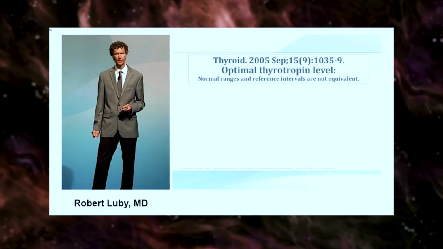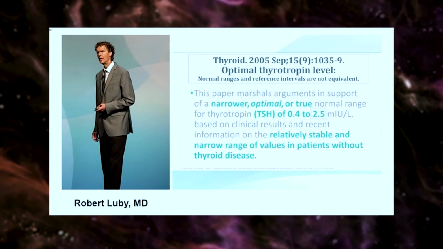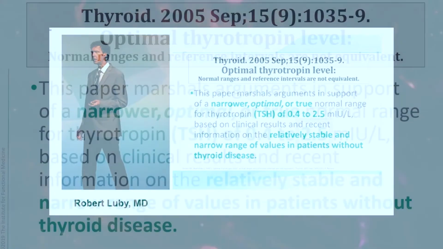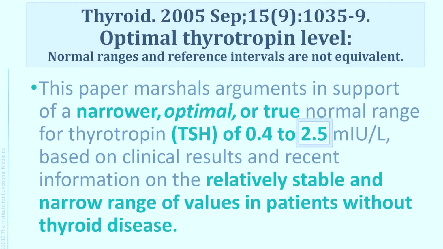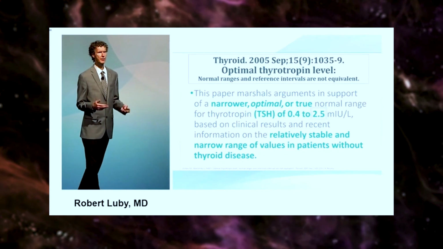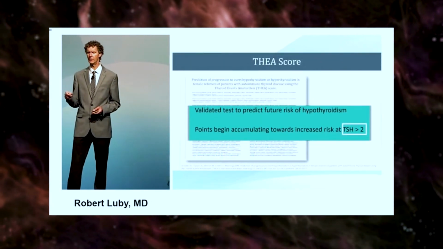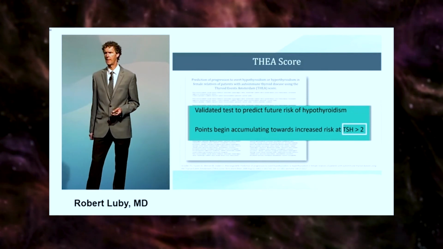In 2005, the American Thyroid Association, in a point-counterpoint series, argued that it could be argued that the upper limit should not be above 2.5. In 2008 in Europe, they developed a risk score to predict your future risk of hypothyroidism. You begin accruing points as soon as your TSH rises above 2.